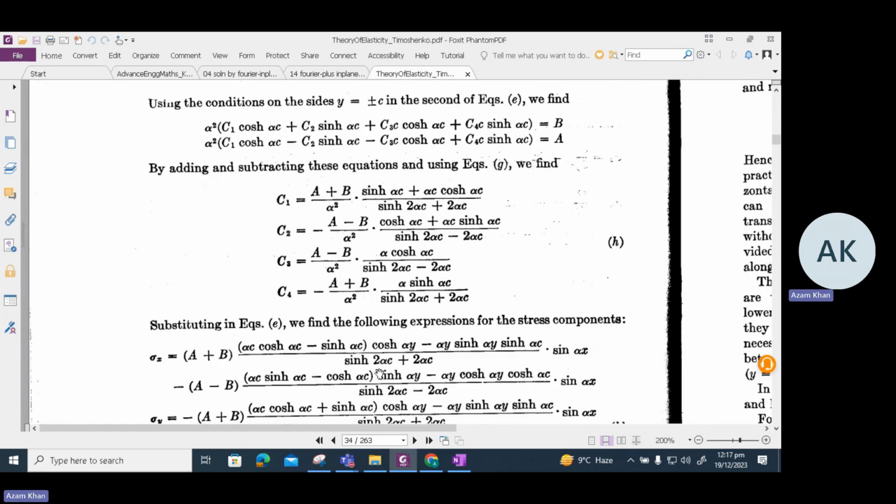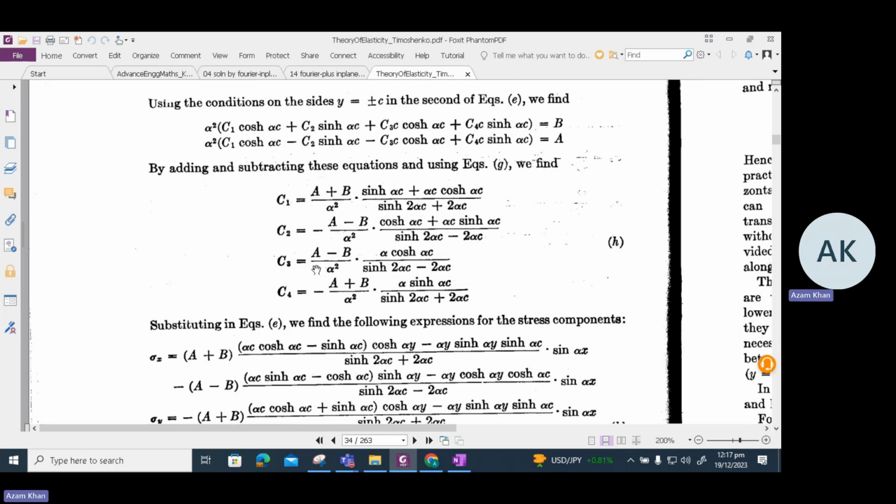The four constants come out to be: C1 equal to (a plus b) by alpha squared times (sinh alpha c plus alpha c cosh alpha c) divided by (sinh 2 alpha c plus 2 alpha c). C2 comes out to be equal to minus (a minus b) by alpha squared times (cosh alpha c plus alpha c sinh alpha c) divided by (sinh 2 alpha c minus 2 alpha c).